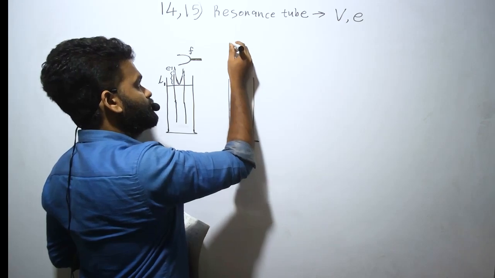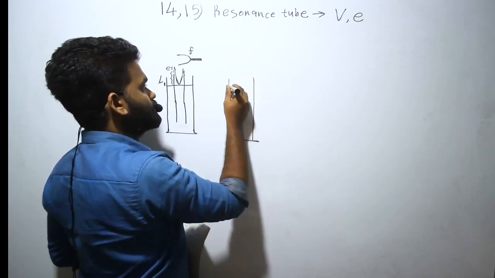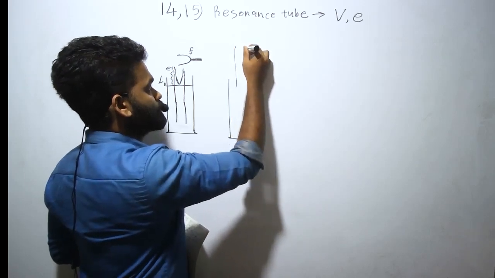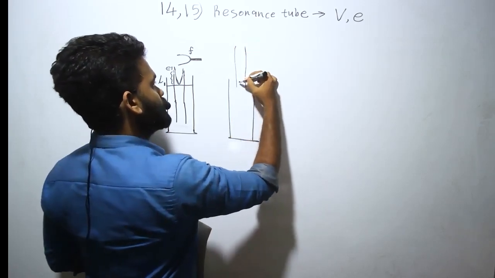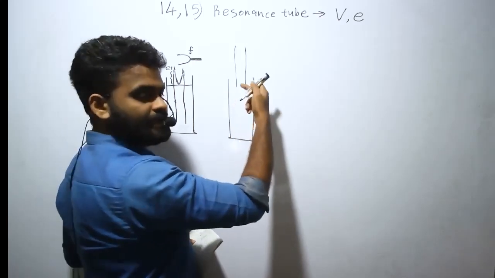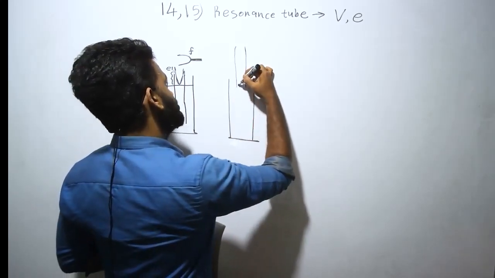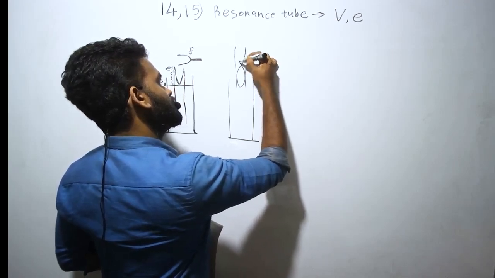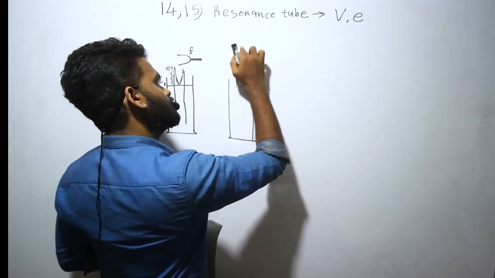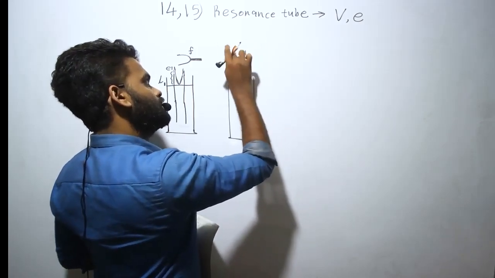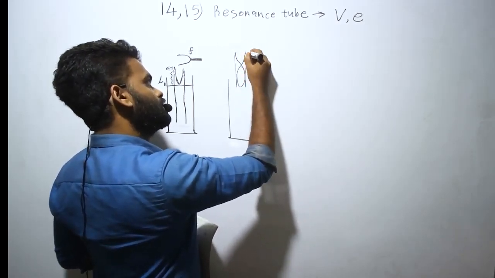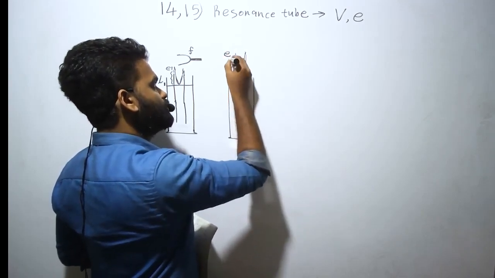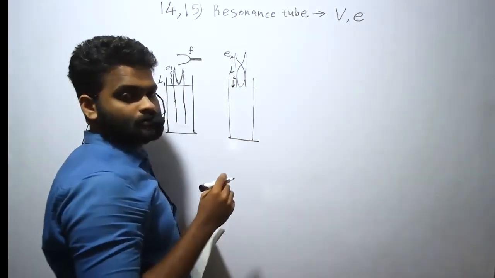Let's say you lift this up to about this much. Then the next wave pattern occurs here. It could be like this. This also has an end correction, and let's say you have lifted the pipe up to L2.